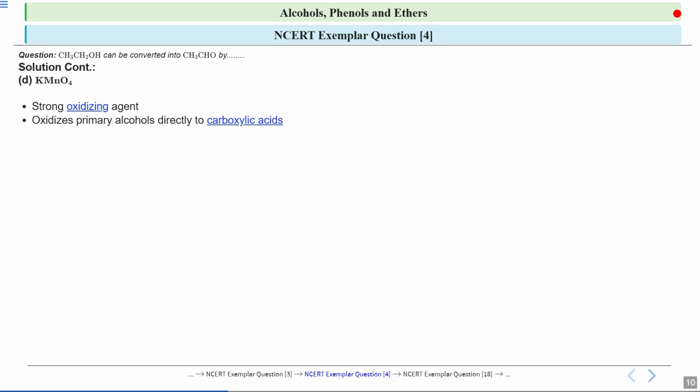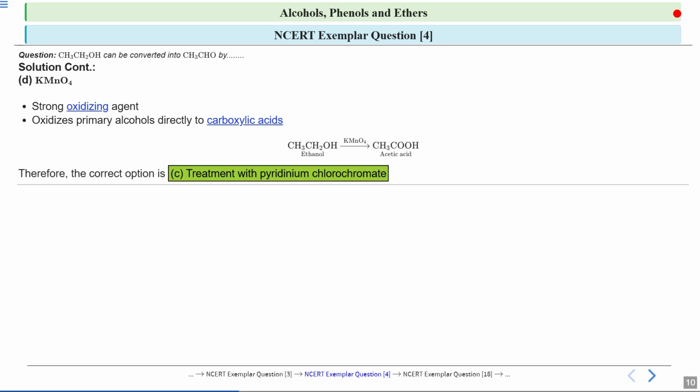But we need to stop at the aldehyde. That is why we need a mild oxidizing agent. If you see over here, this is ethanol. When you use KMnO4, it oxidizes it to acid, which is acetic acid. So that is why this option is also incorrect.